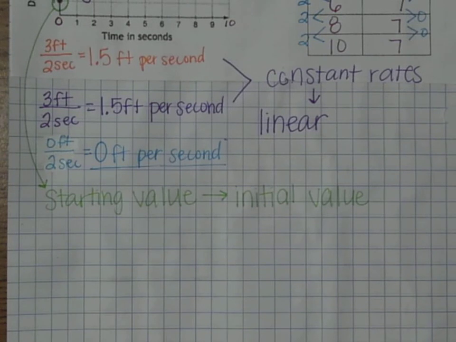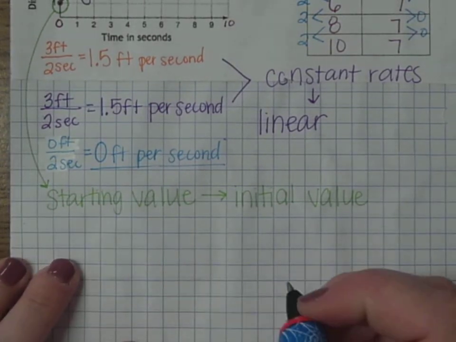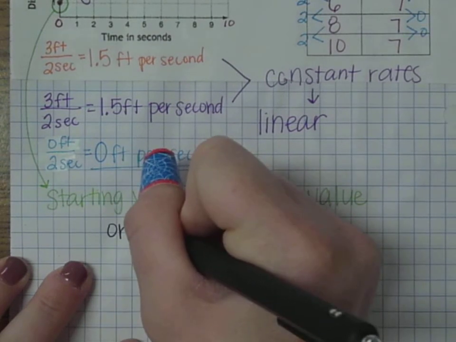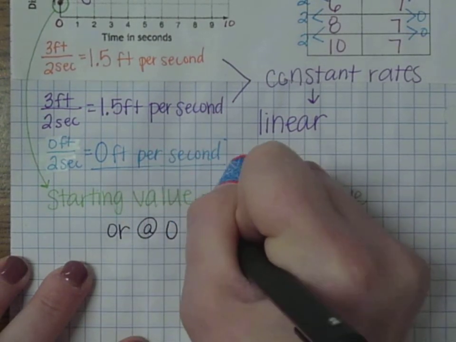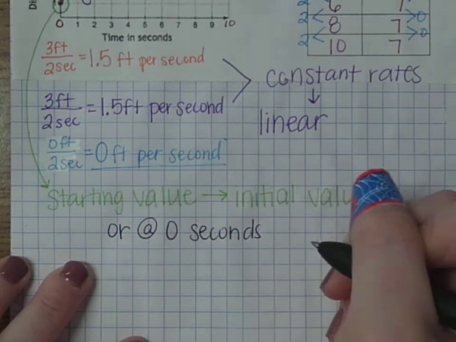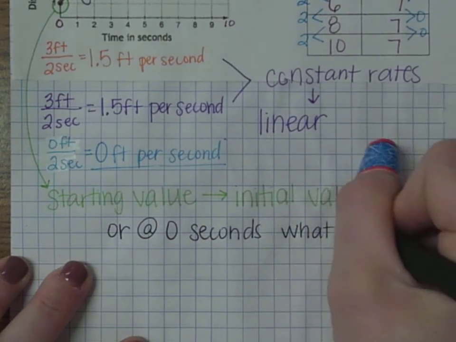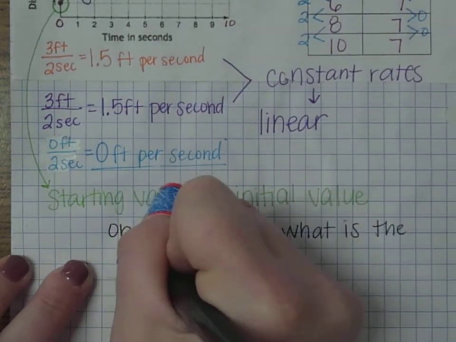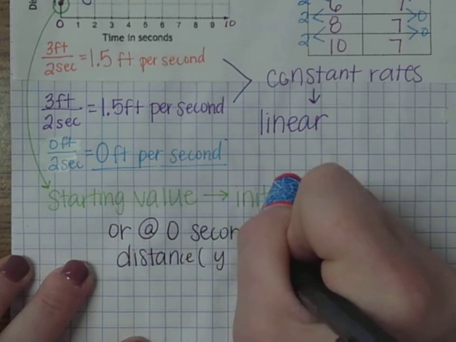So initial value is also the starting value, or you can look at it as, at 0 seconds, what is the distance or y value?